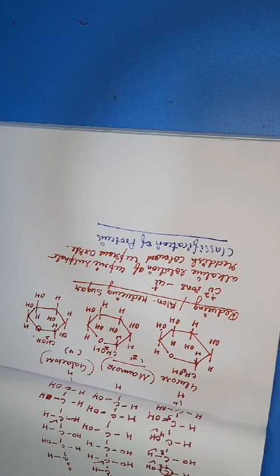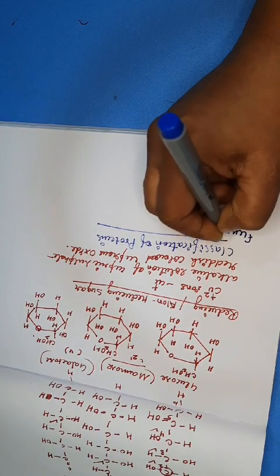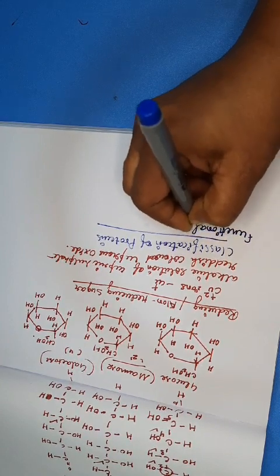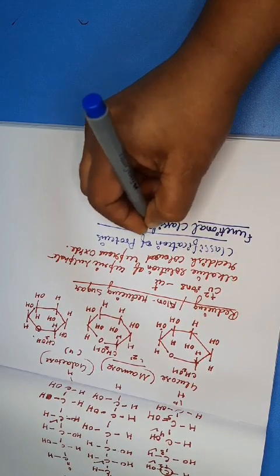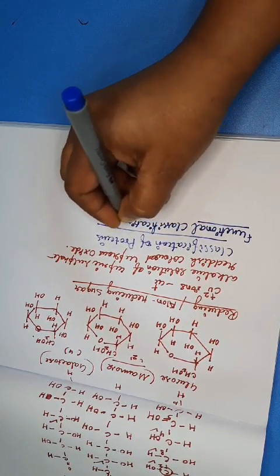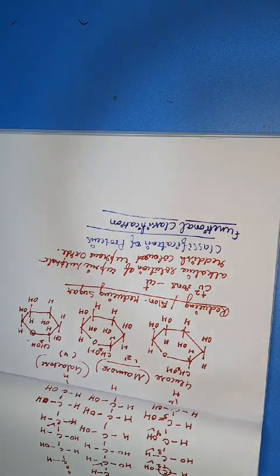So first let us see how they are classified depending upon their function. So basically we are talking about the functional classification of proteins, right? Based on the functions they perform, the proteins are classified into the following categories.